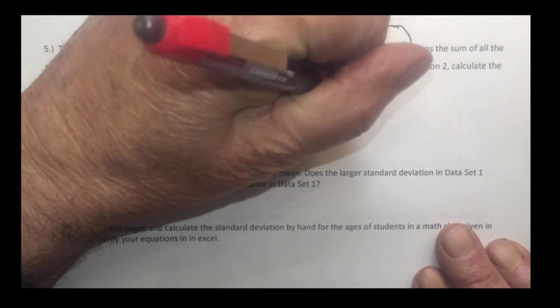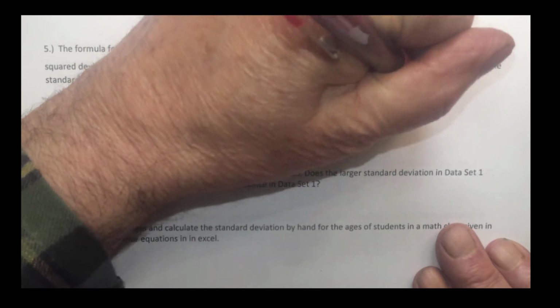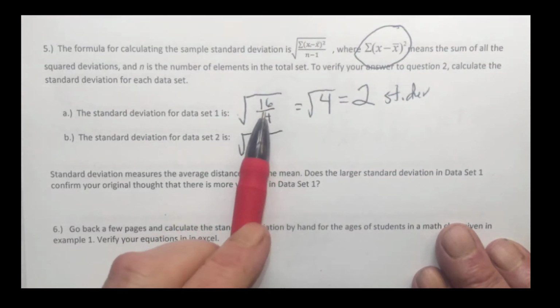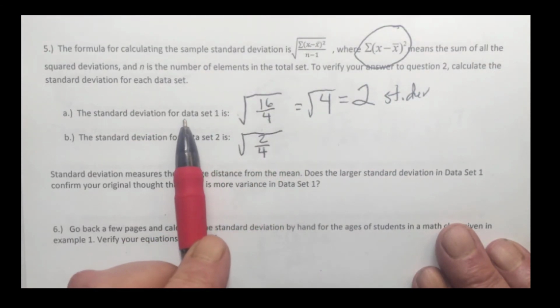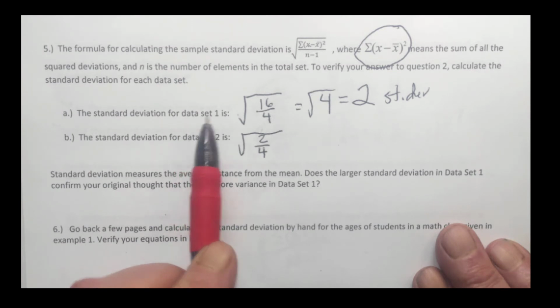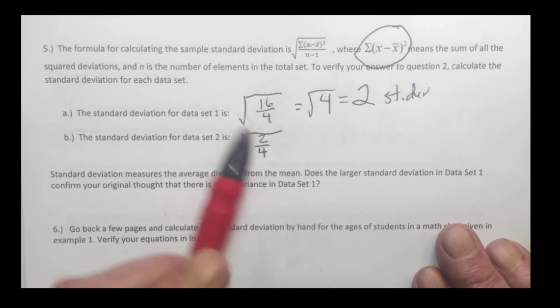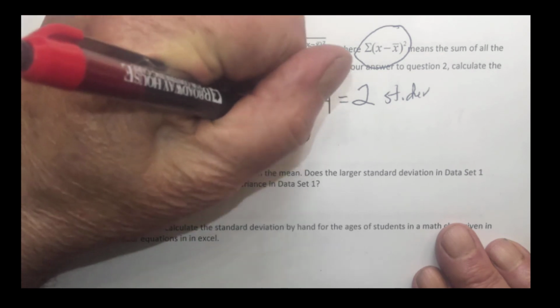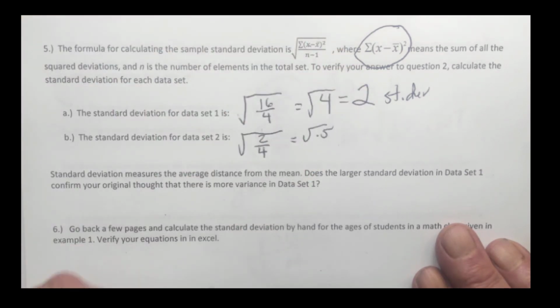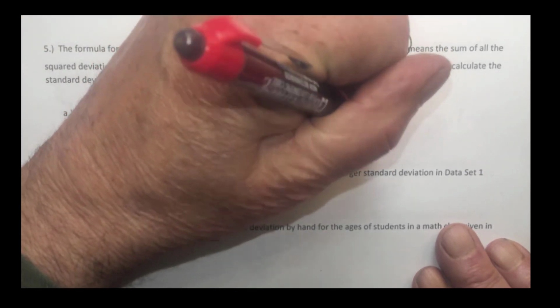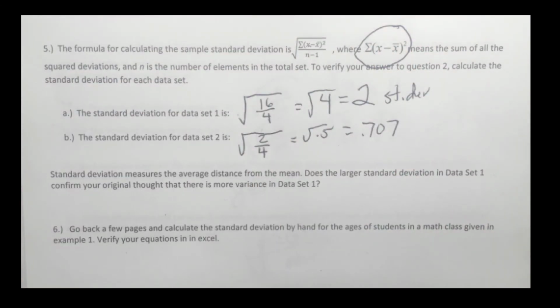And the square root of 4 is 2. And 2 is the standard deviation for data set 1, for the one that we figured had more variance. For data set 2, 2 divided by 4 is 0.5. The square root of 0.5 is 0.707.